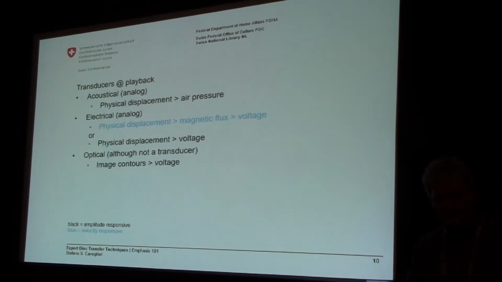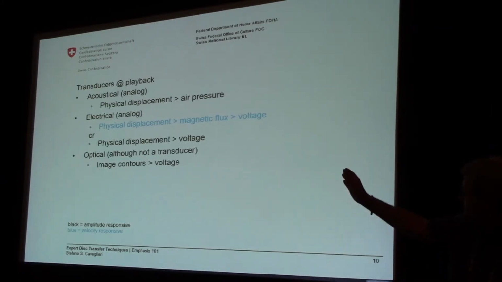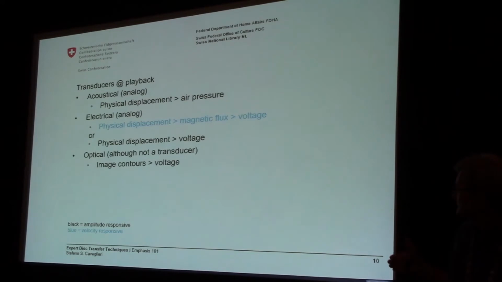At playback, similar situation. We have several different amplitude responsive devices, which, for example, in the electrical world mean that the physical displacement, the deviation of the groove, just produces a voltage without producing a magnetic flux in the middle.